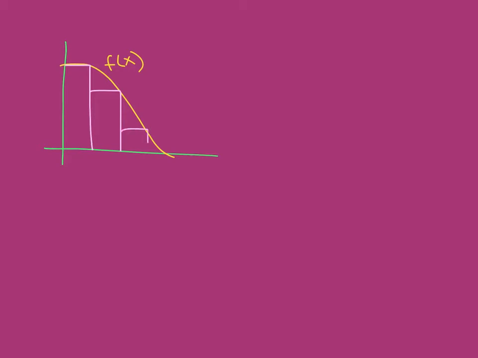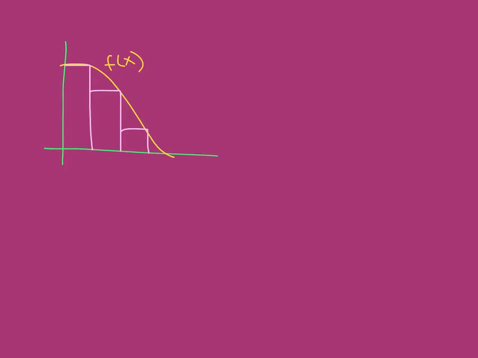I'd like to relate definite integrals with Riemann sums. If you recall from the last section, when we had a function, we could find the area underneath that curve by breaking it up into rectangles. So let's say that I had n equals 3 for this one, and I broke it up into rectangles that look like that.